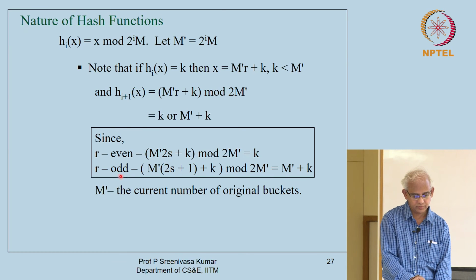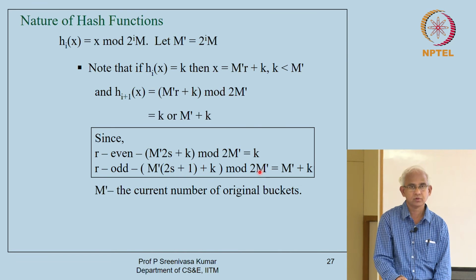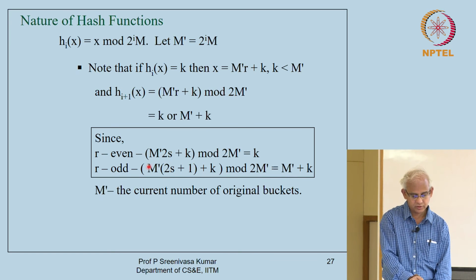If r is odd, then (m′·(2s+1) + k) mod 2m′ will give you m′, and so this will be m′ + k.